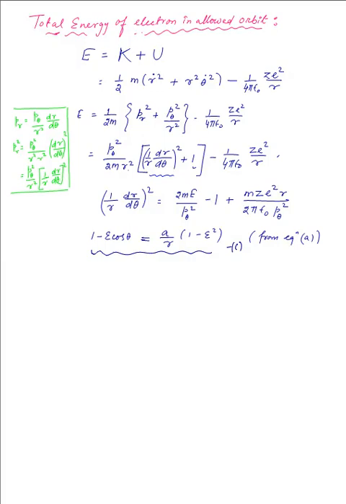From this we can also obtain e squared sine squared theta, and that will be equal to, if you calculate it well, you will find it to be equal to e squared minus 1 minus a squared (1 minus e squared) whole squared divided by r squared plus 2a (1 minus e squared) divided by r.